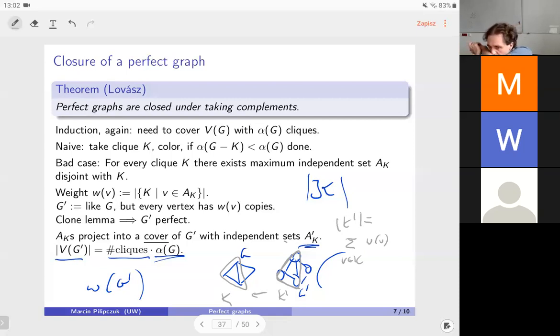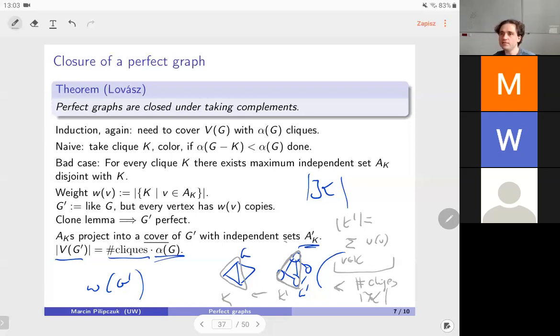Okay. So how big can this sum be? What I want to say here is the sum is strictly smaller than the number of cliques, the size of capital K, calligraphic K. Why?